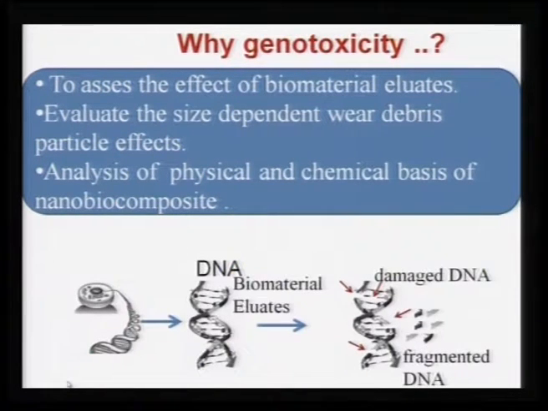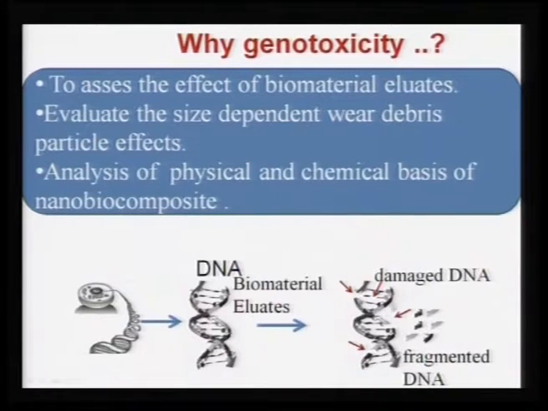You know that the human genome, like DNA, typically has a double helix structure. When a particular cell is treated with nanoparticles, if the particles are very fine, they can be internalized.